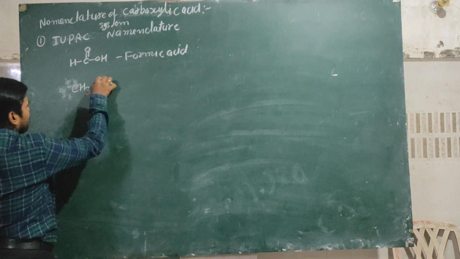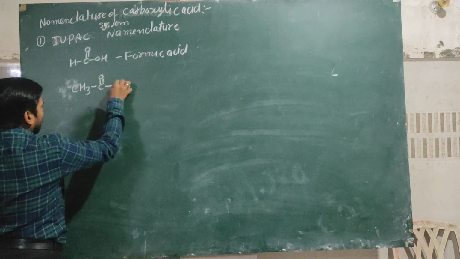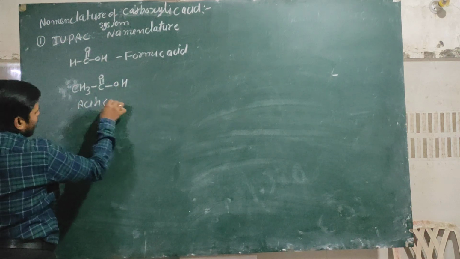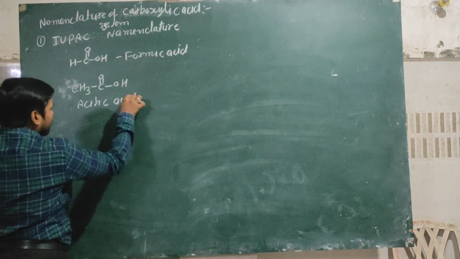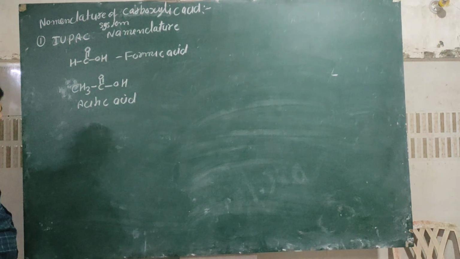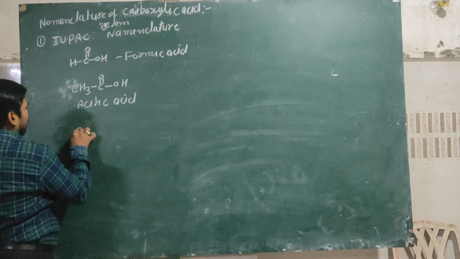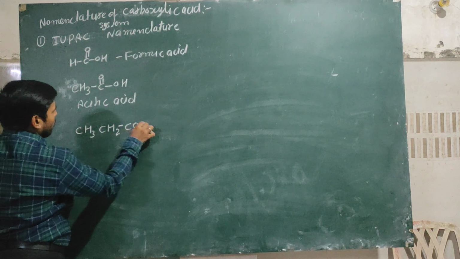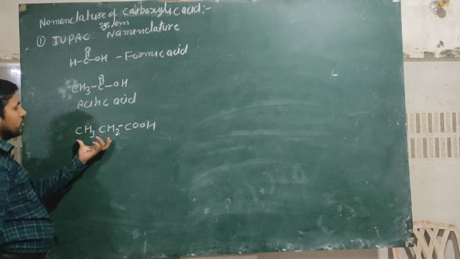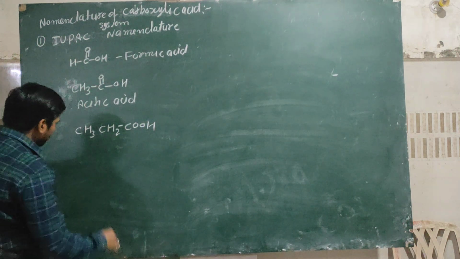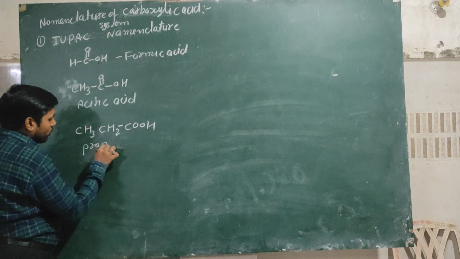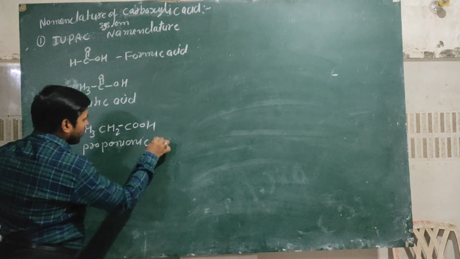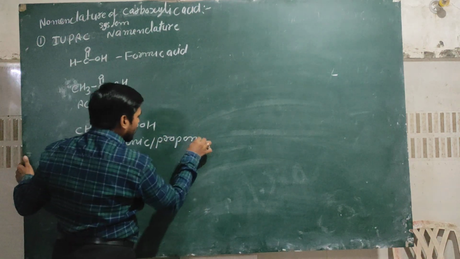CH3 C double bond O OH, its name is acetic acid. Acetic acid, and its name originated from vinegar. CH3 CH2 COOH, this is propionic acid, or propanoic acid.